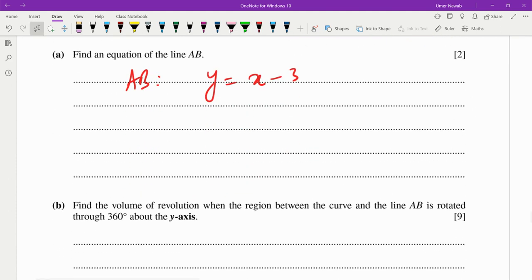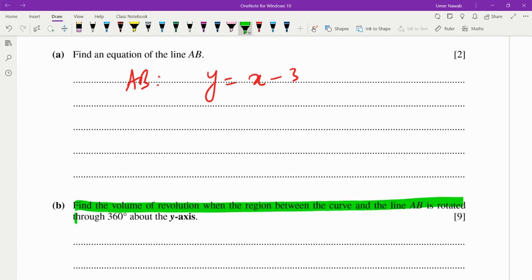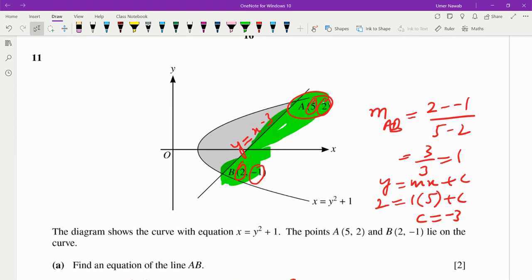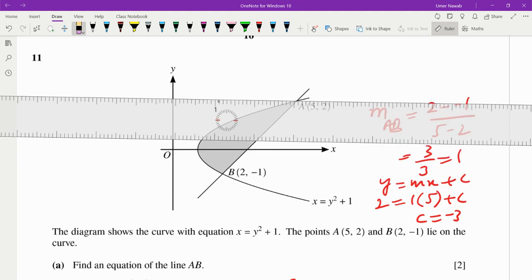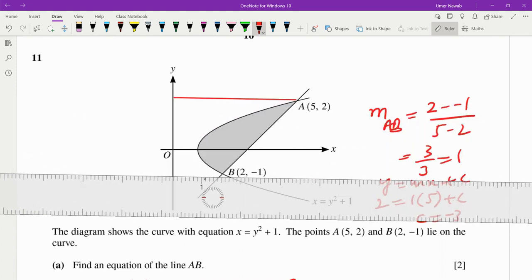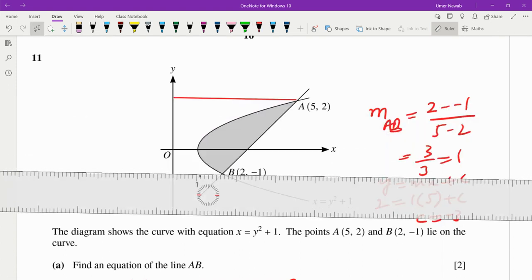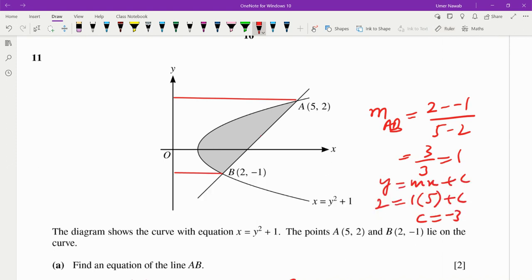After doing this, the examiner wants to rotate the shaded part, not about the x-axis, but about the y-axis. Bravo. So how to do this type of question? Let me erase everything and show you how I'm going to rotate it about the y-axis. First of all, you have to draw the lines where the curve and the line are intersecting.